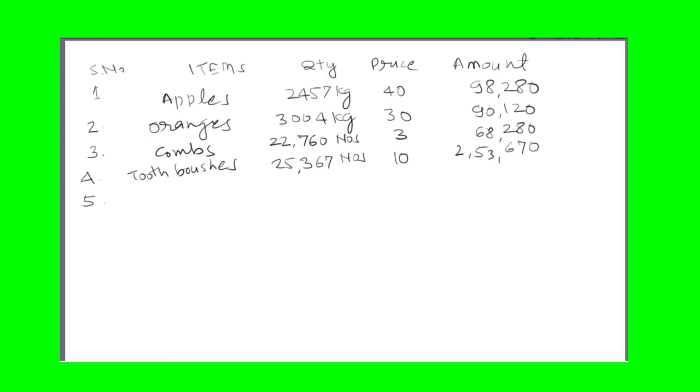Fifth item sold was pencils. The total quantity sold was 38,530, and the rate was 1 rupee each. So this amount remains the same, 38,530.